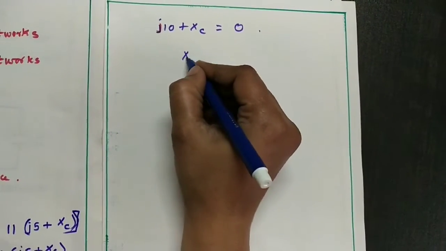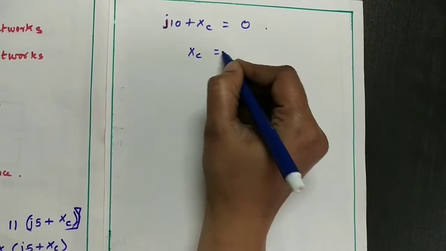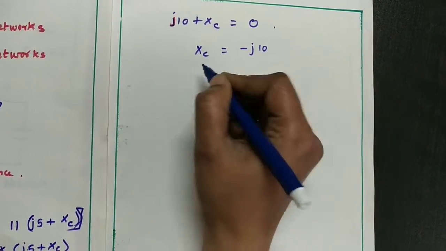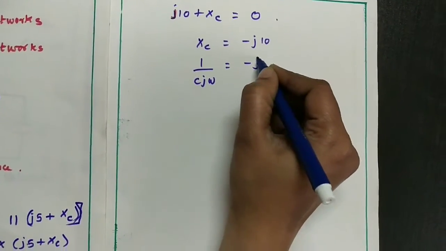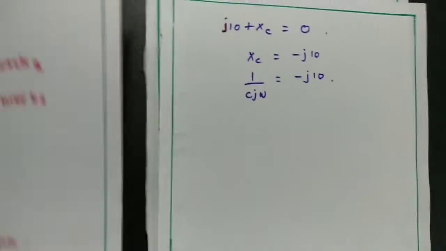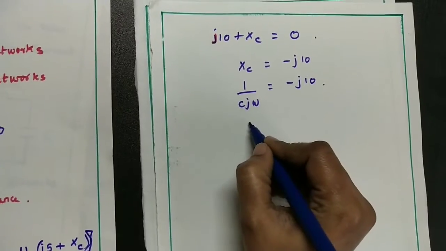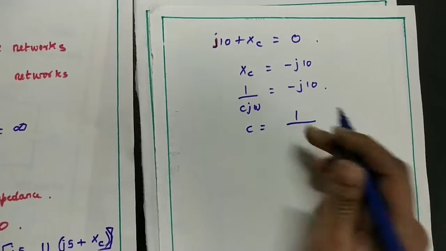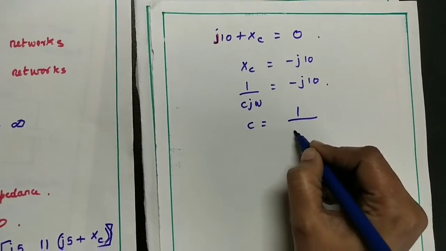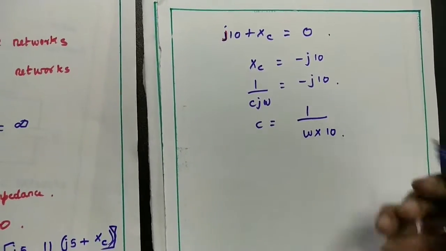Now from this, XC equals minus j10. So XC is 1 by C j omega, that is equal to minus j10. Therefore C equals 1 by, j squared is minus 1, so omega into 10.